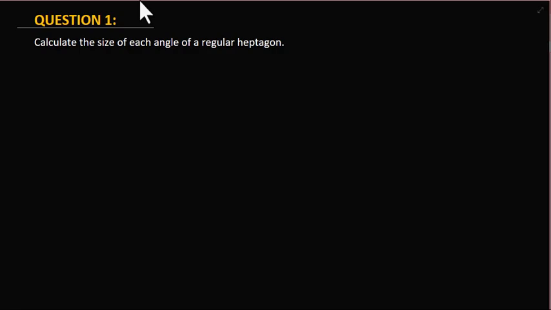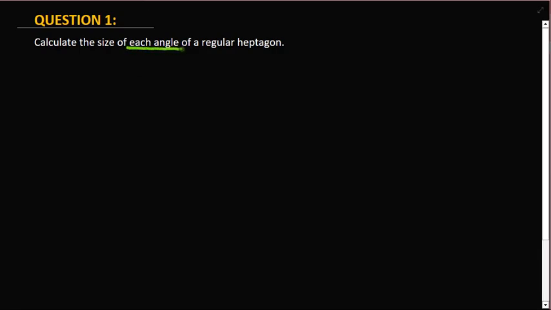Calculate the size of each angle of a regular heptagon. So be careful about this. First of all, we have to put down our formula. Oftentimes when I'm solving a question, I like to write "solution", but that's not compulsory. So we want to put down the formula first. The formula for solving polygon says (n minus 2) brackets 180 degrees, right?